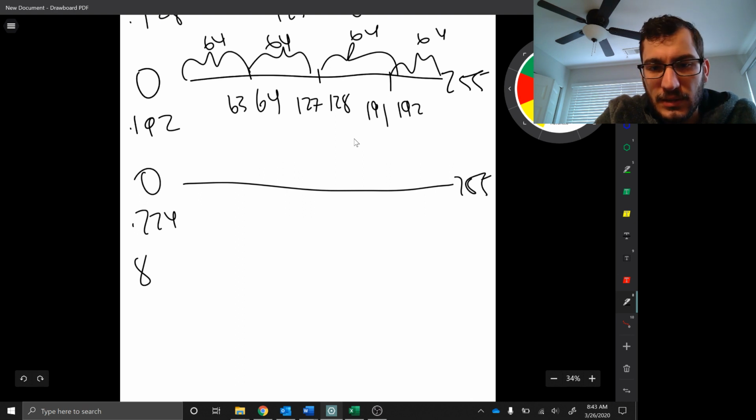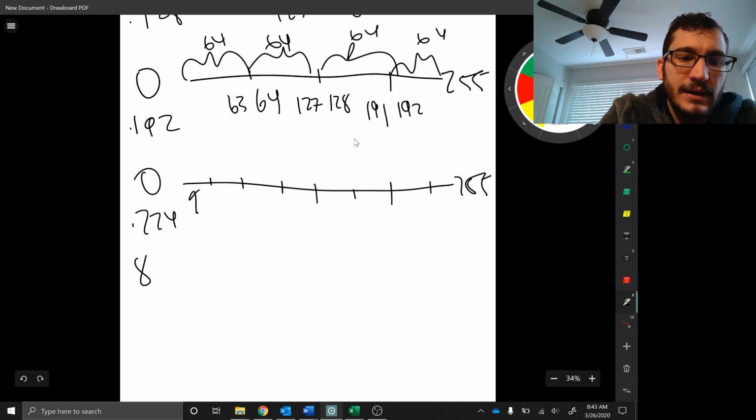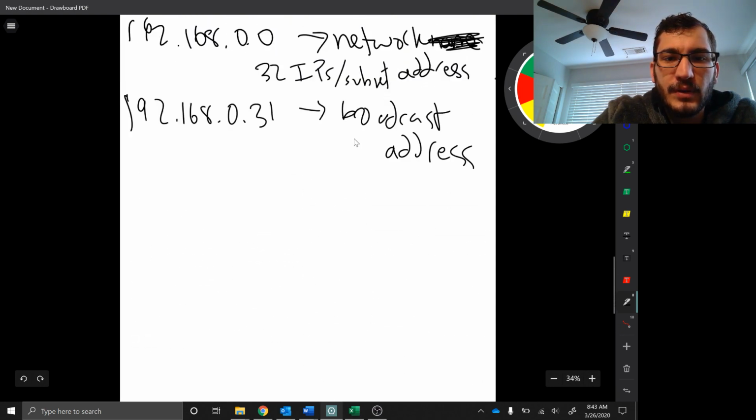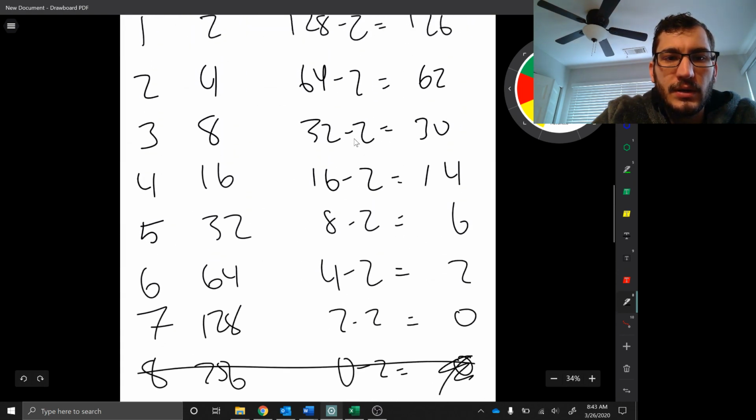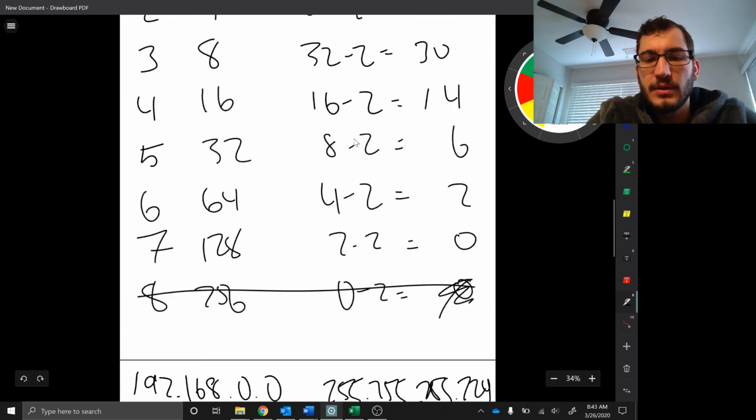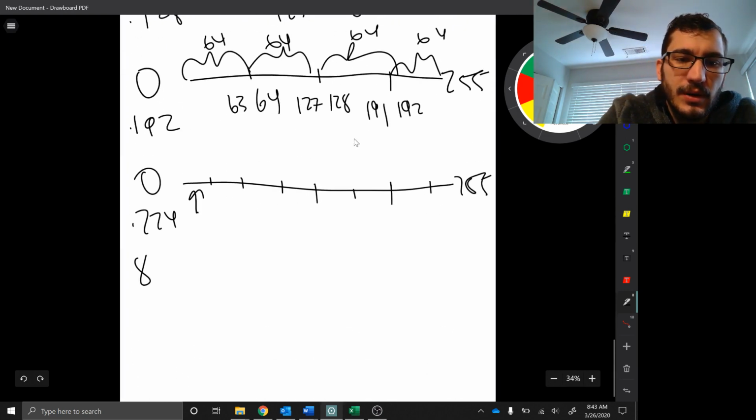If I do this again with a .224 all the way to 255, 8 subnets have been created. Now it's getting a little crowded. There's 4, there's 8. If we've created 8 subnets, that means we have 32 IP addresses in each one.